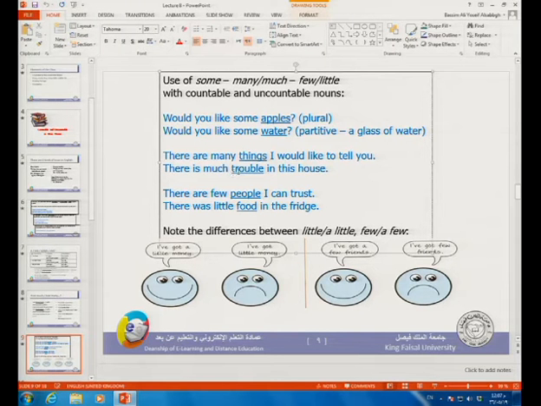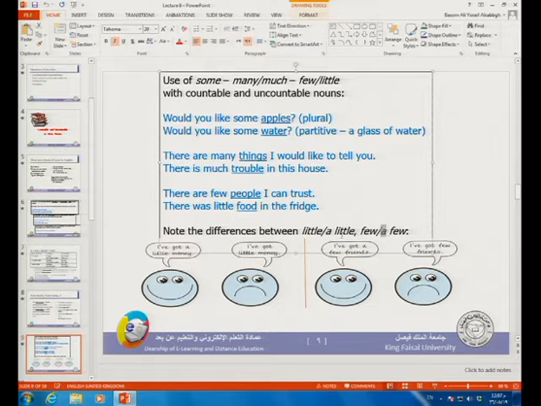Many and much are the same, but many is used with plural countable nouns. The same here: few and little are the same, but few is used with plural countable nouns, and little with uncountable nouns.